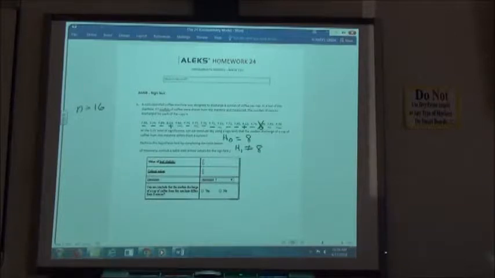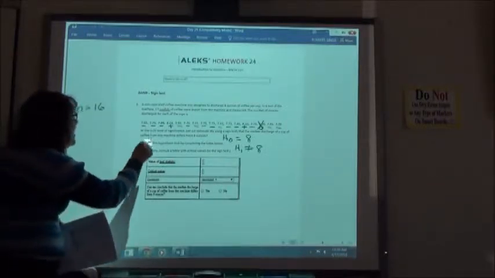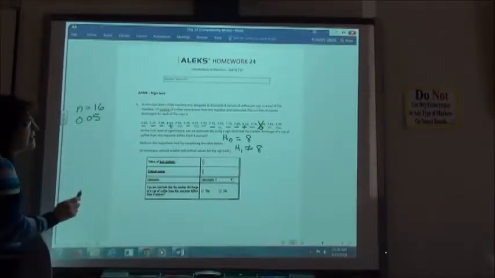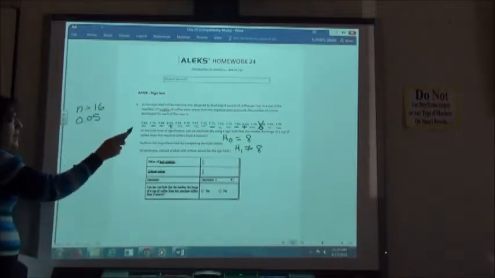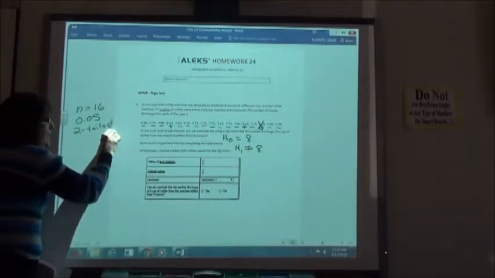So on our table, we are going to look at n being 16 at a 0.05 level of significance, and because this is a not equal, or an equal and a not equal, we're going to use the two-tailed test.